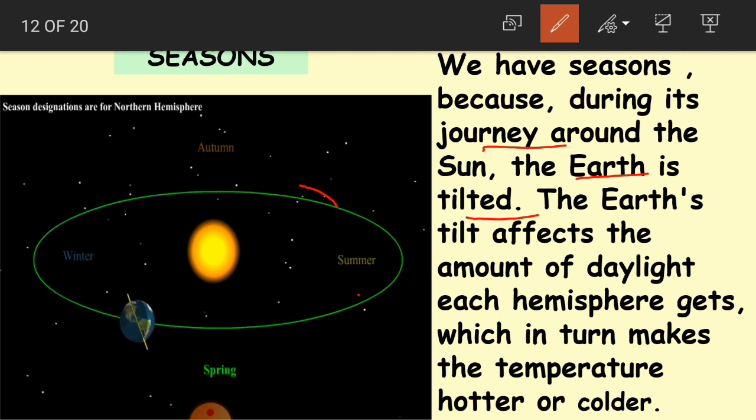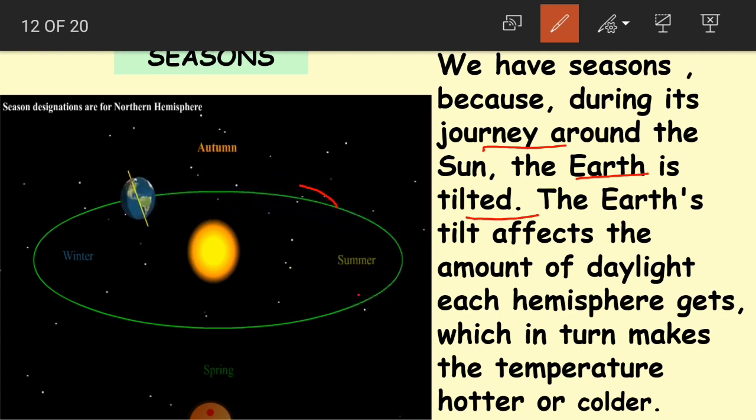Are you able to see the axis here? Yellow color axis on the earth, an imaginary line. So it is not straight, it is tilted. Along with this revolution, earth also rotates. Now suppose here, autumn, then winter, spring and summer.